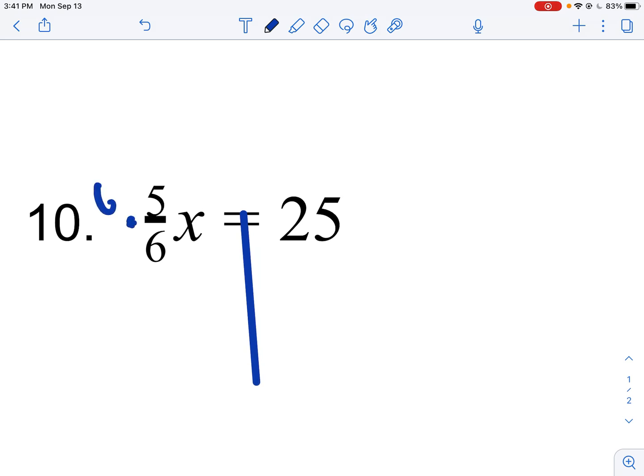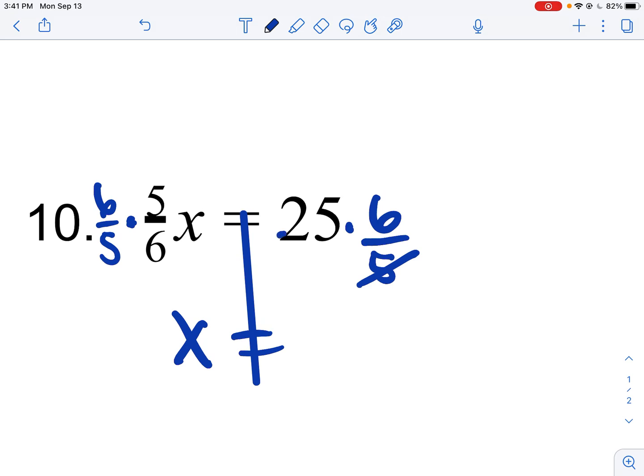So this one, I do the same thing. I multiply by the reciprocal, which is 6 over 5. Hopefully you can do cross canceling. 5 goes into 25 5 times, and you would get 30. Now, if you don't know how to do it that way, that's fine.